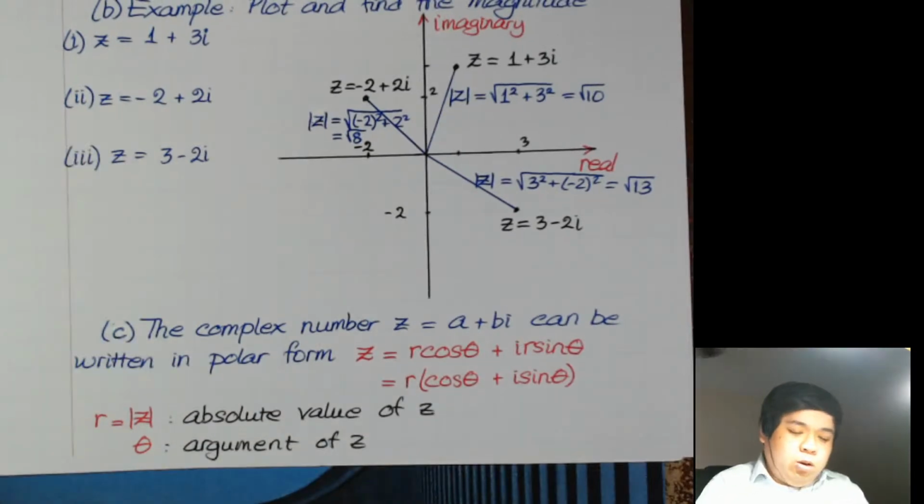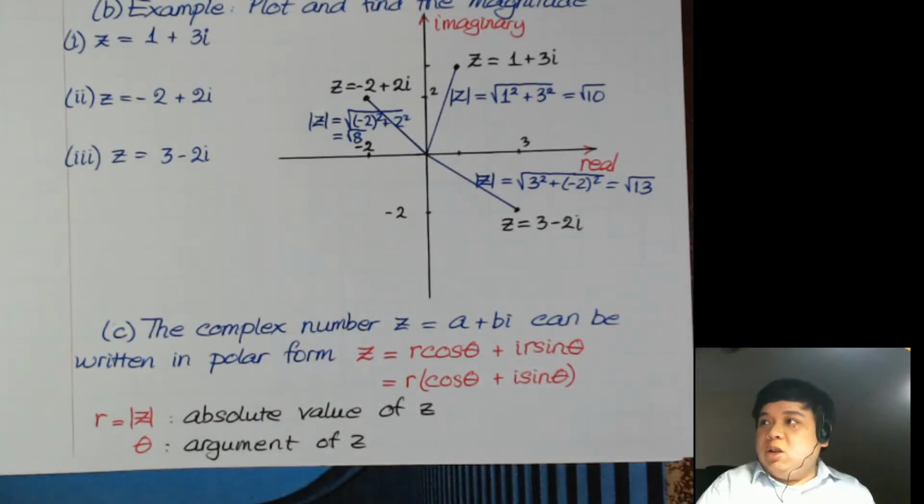Of course the absolute value is also called the modulus of z.